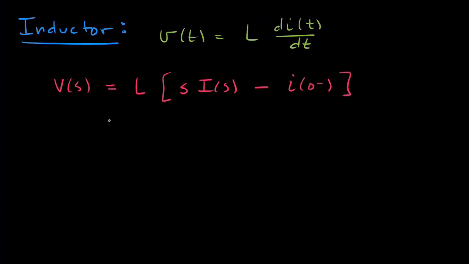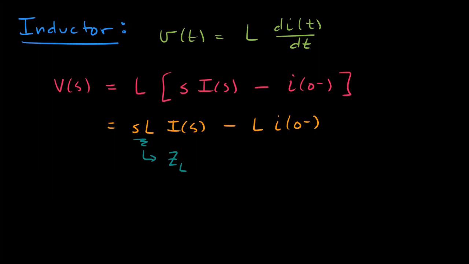If we distribute, we're going to have sL onto I(s) minus L onto i(0-). This sL is going to be our inductor impedance, because that would be jωL if we substitute.